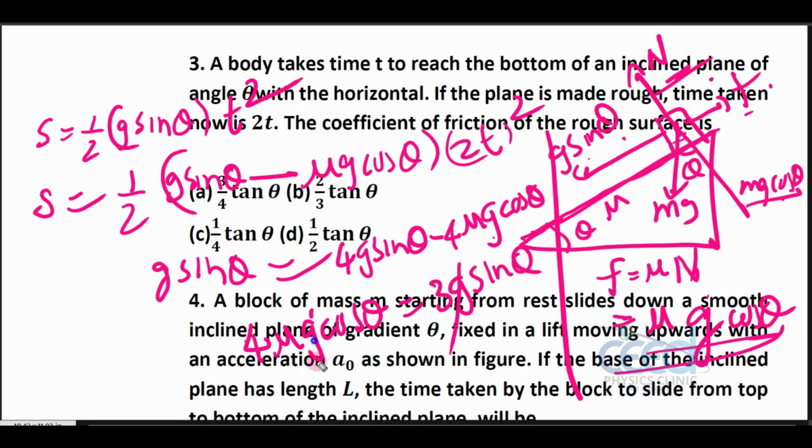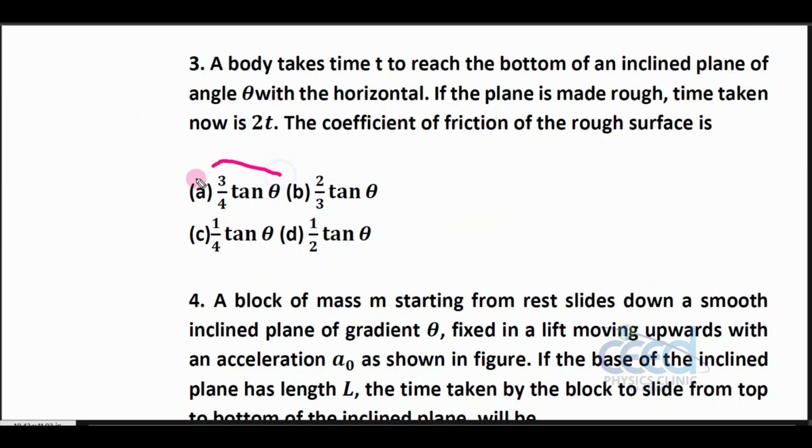Now g cancels. What is mu? Mu is equal to 3 by 4 sin theta by cos theta, that is 3 by 4 tan theta. So which option comes? Option A is correct. All right. Now let us go to another question.